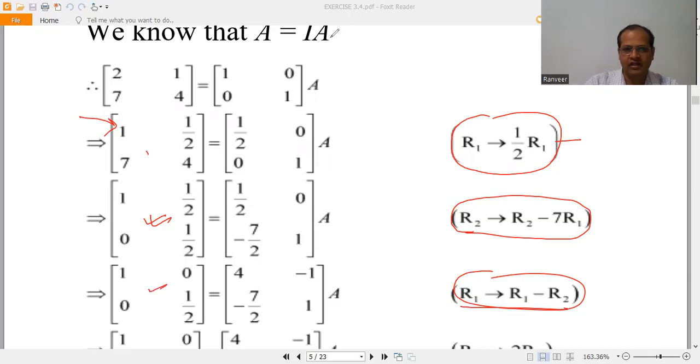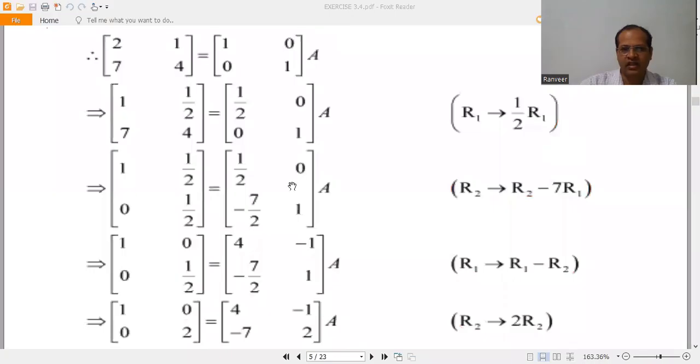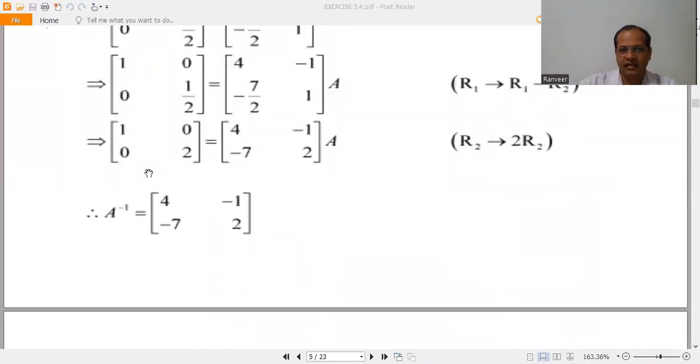Corresponding right hand side steps we can do easily, and this is 1 0 and 0 here and 2. Now this is nothing but the 1, because here we are doing 2, so this becomes 1. This is not 2 by printing mistake. So this is the required matrix.